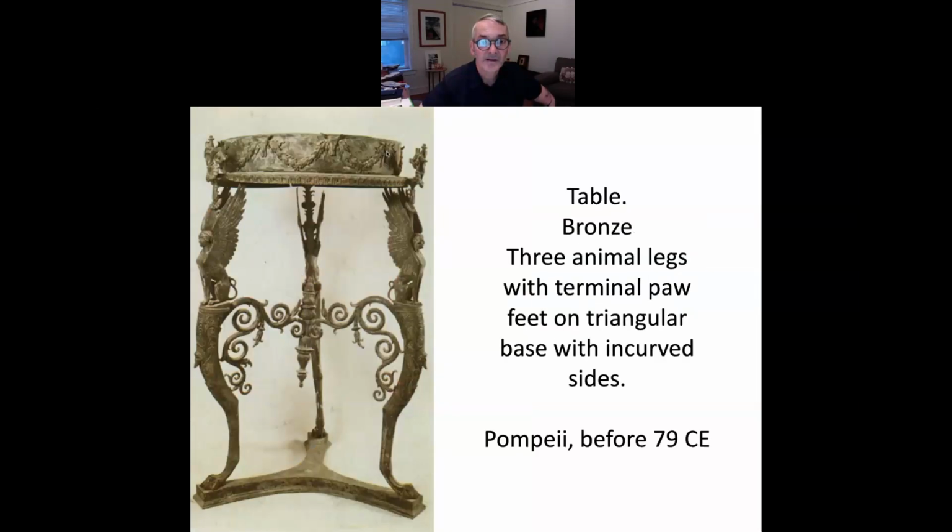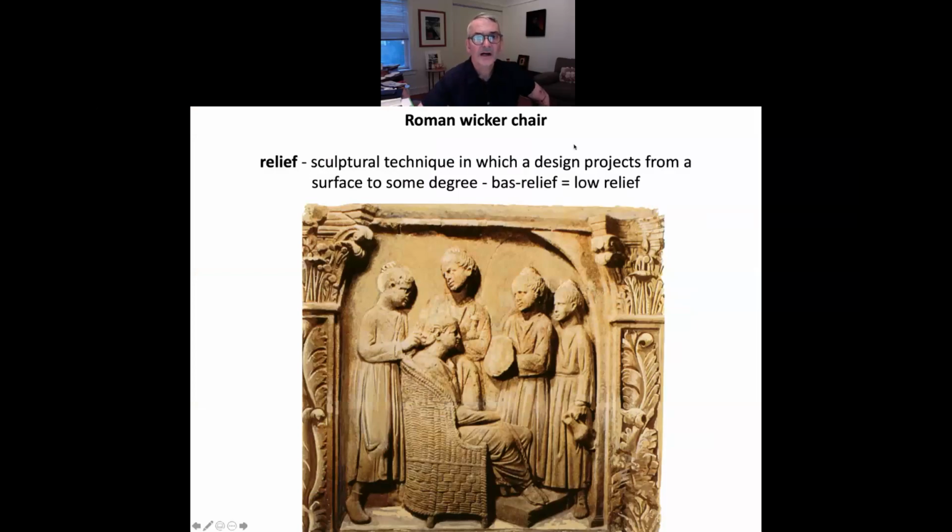And here, this is a Roman basket chair with this kind of woven look. This is in a stone relief, but it shows an example of something that wouldn't have survived because it's made of reeds or some kind of wood. And relief sculpture, for those of you that don't know, is a sculptural technique in which a design projects from a flat surface to some degree.